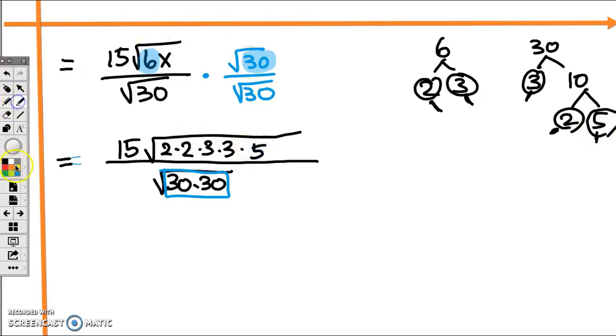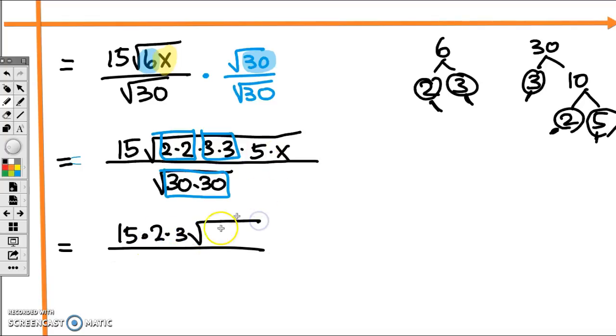And then let's not forget that we also have an x over here. So I'm going to put the x there as well. Now let me put my boxes because I know they get out, right? So now, on top, I'm going to have 15 on the outside, and then another 2, and then another 3. But on the inside, I have 5x.